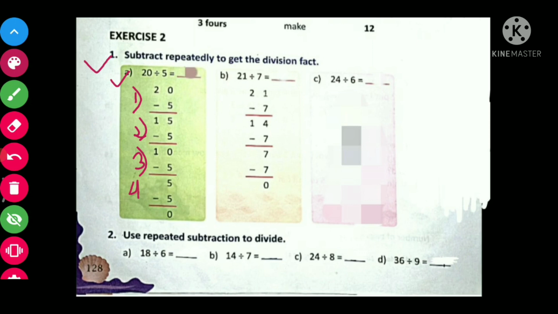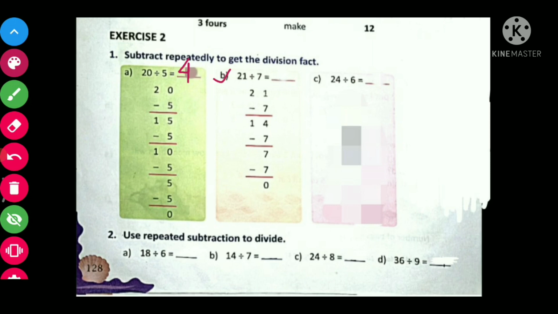This is the fourth step where 5 is subtracted by 5 and the answer is now 0. So 0 is there, we'll stop our subtraction. Just count the steps: 1, 2, 3, 4. Total 4 steps are there, so we can write 20 divided by 5 is equal to 4.